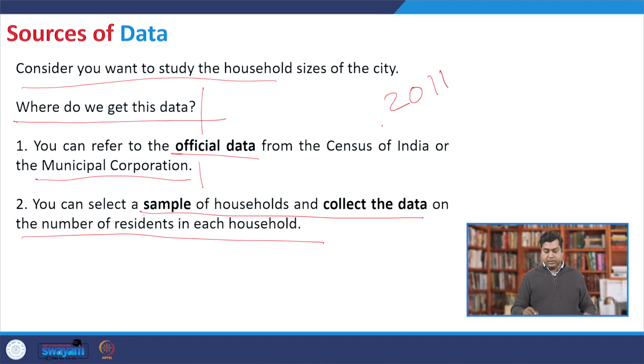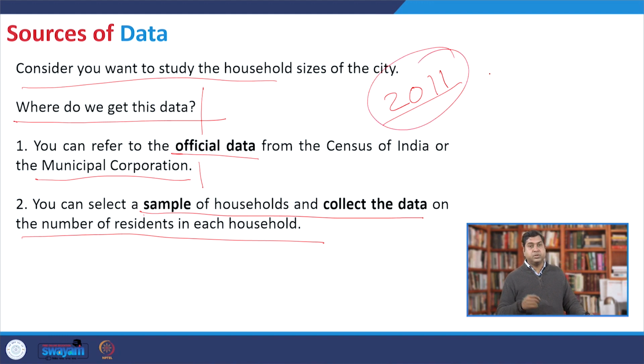But if you want to assess the possible population in a particular study area, you need to rely on this, which is now almost 13 years old data.